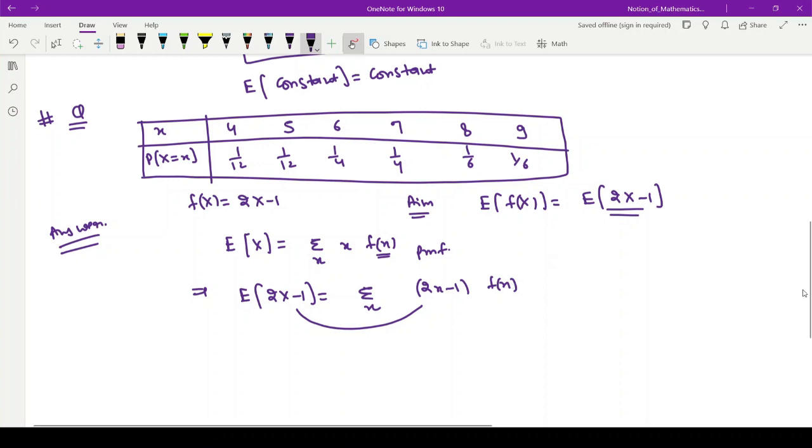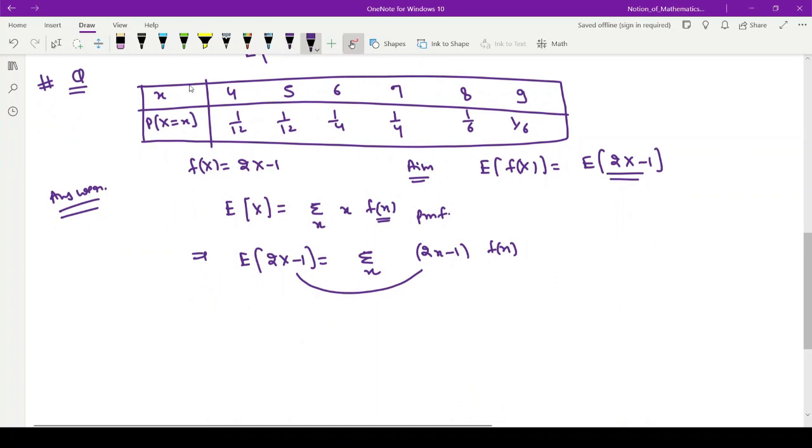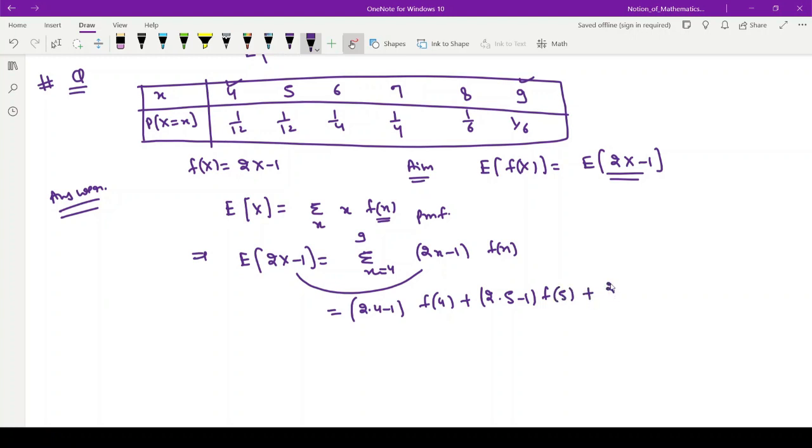As we can see, x has values from 4 to 9. So this summation will be from x equal to 4 to x equal to 9, and we can expand it. The first term is 2 into 4 minus 1 into f of 4, plus 2 into 5 minus 1 into f of 5, plus 2 into 6 minus 1 into f of 6, plus 2 into 7 minus 1 into f of 7, plus 2 into 8 minus 1 into f of 8, plus 2 into 9 minus 1 into f of 9. What is f4?